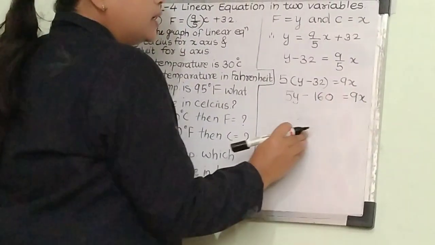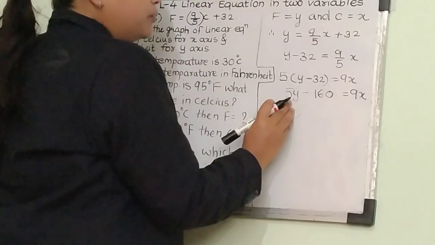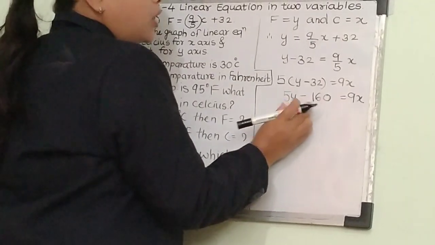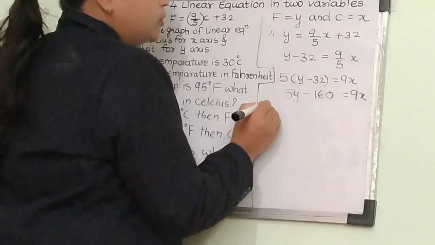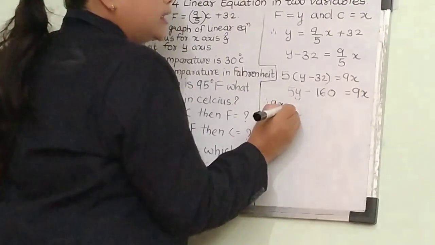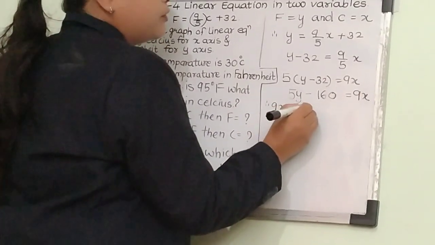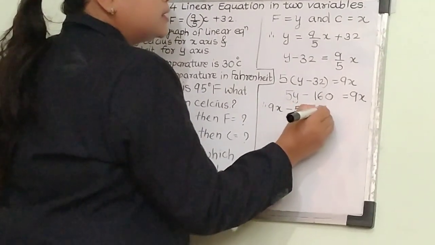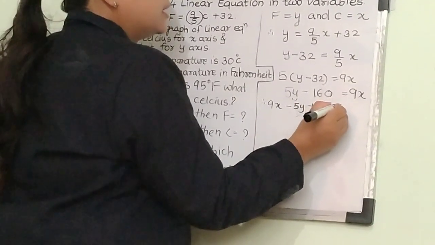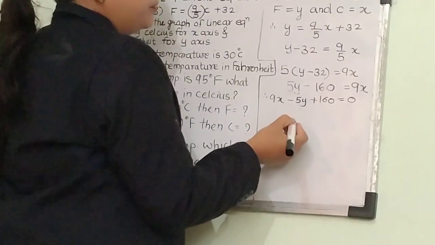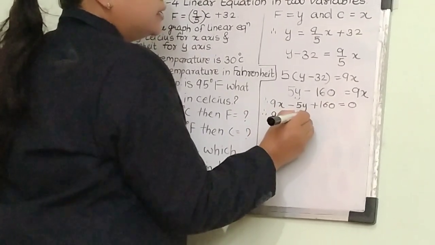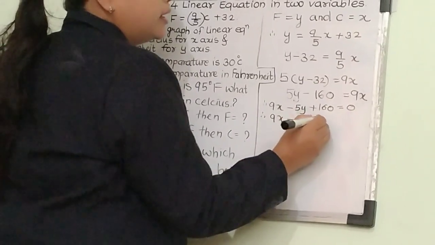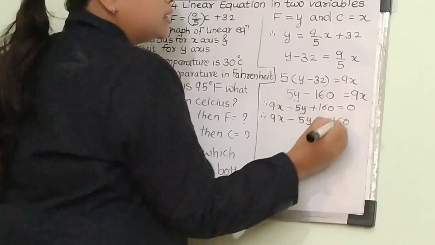So we can shift these terms to the right-hand side. So your equation becomes 9x minus 5y plus 160 equals 0. Hence we can say that 9x minus 5y equals minus 160.